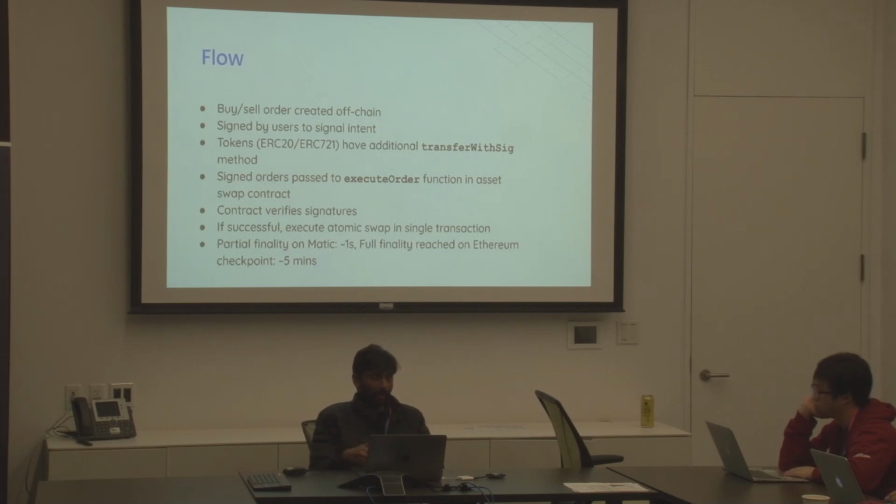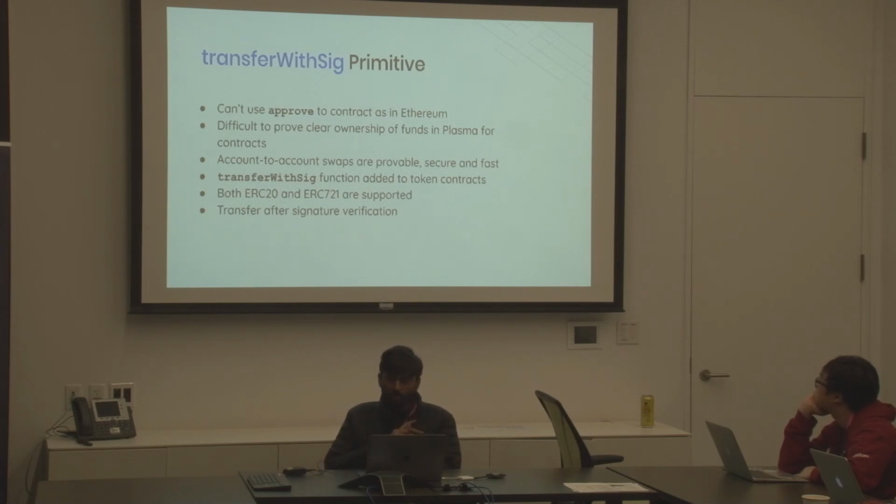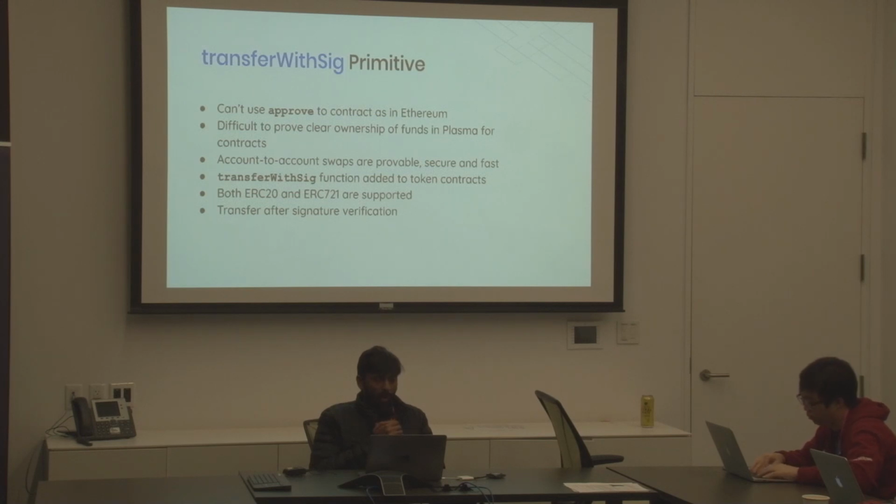So basically we have a notion of partial confirmation, and full finality on Ethereum when the checkpoint goes on Ethereum. We introduced the transferWithSig primitive because we can't use the approve standard on ERC20.